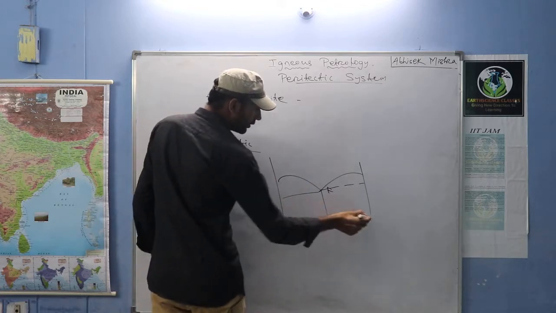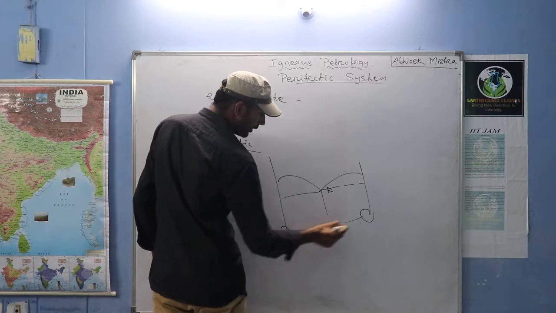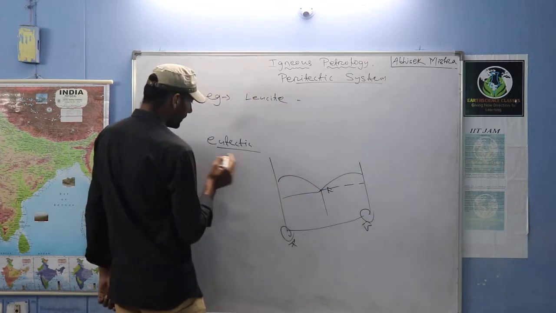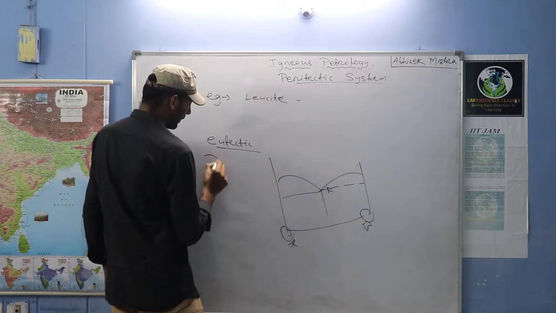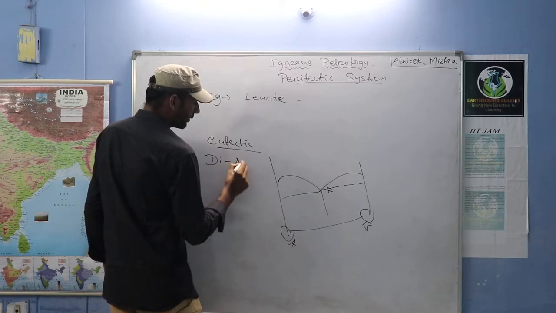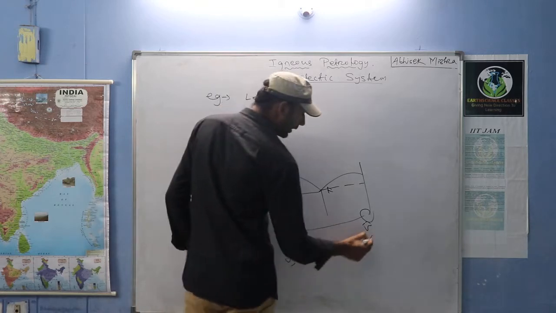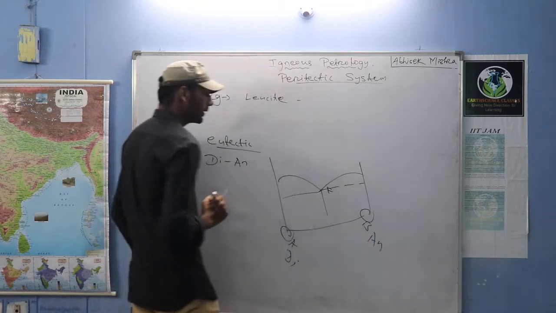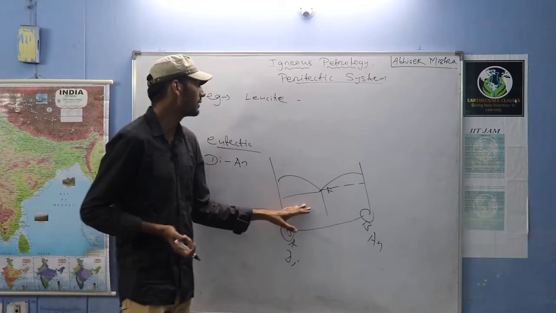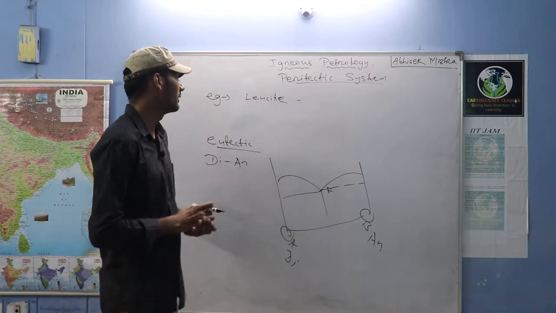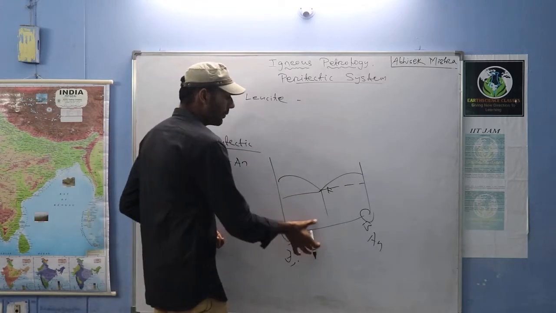There are two end members, A and B. For example, we are taking diopside and anorthite. Diopside will be at one end, anorthite at the other end. Unlike eutectic, in peritectic there is one middle compound also.